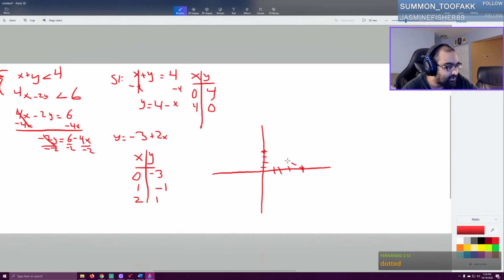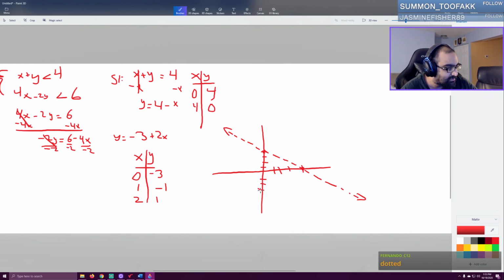So here we're going to put a dotted line. The reason why we put a dotted line here is because we started with strictly less than. So because we started with strictly less than, that means we have to use a dotted line for our graph. Let's put in the other graph here, 0, comma, minus 3.